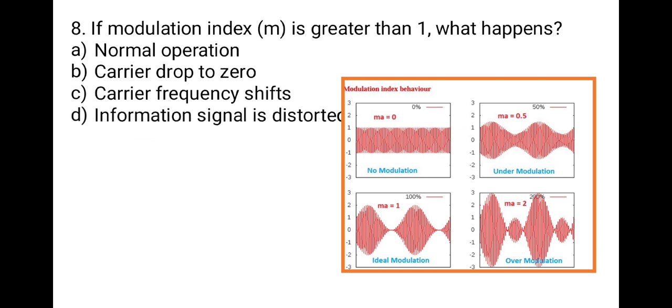That means distortion occurs, and incorrect information is transmitted. So the correct option is D. Information signal is distorted when over-modulation occurs, and this over-modulation occurs when modulation index is greater than 1.